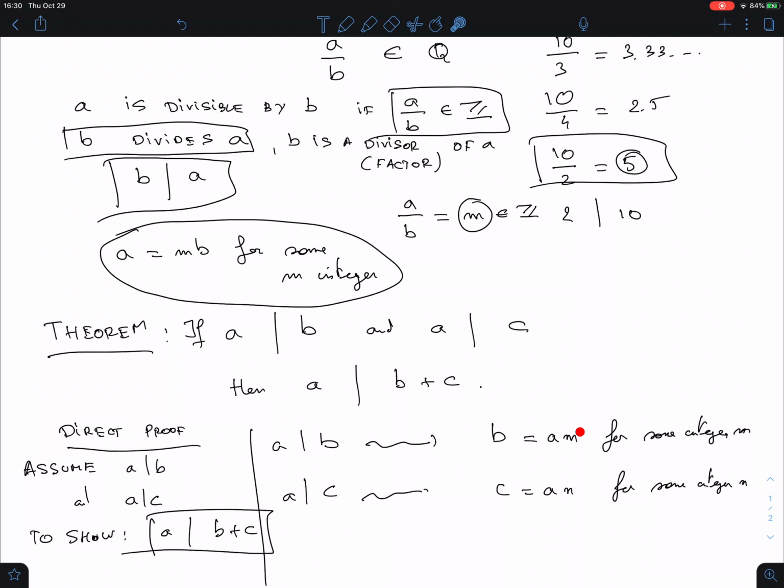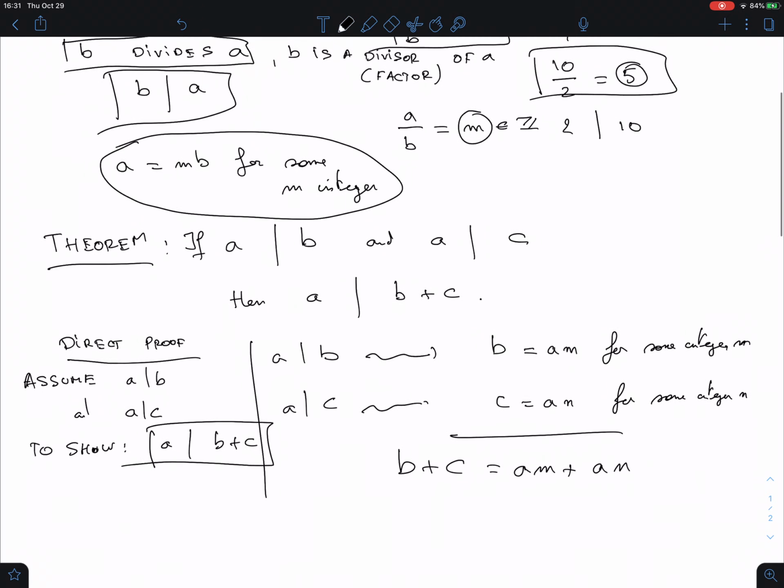But the other, this quotient here, is in general different, so we have to take a different letter N there. But now we have to talk about B plus C. Well, let's just add them up. So B plus C is AM plus AN. Now what I want is to exhibit A as a factor of B plus C. Well, let's just factor out A, and there it is.